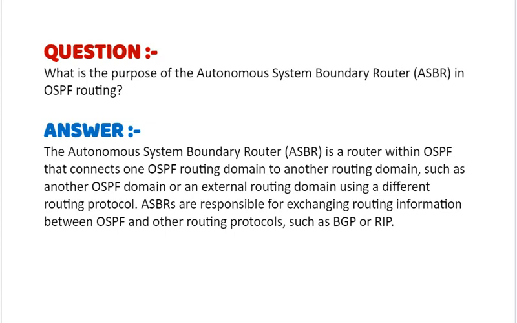Our next interview question is: what is the purpose of the Autonomous System Boundary Router (ASBR) in OSPF routing? Your answer should be: the Autonomous System Boundary Router (ASBR) is a router within OSPF that connects one OSPF routing domain to another routing domain, such as another OSPF domain or an external routing domain using a different routing protocol.